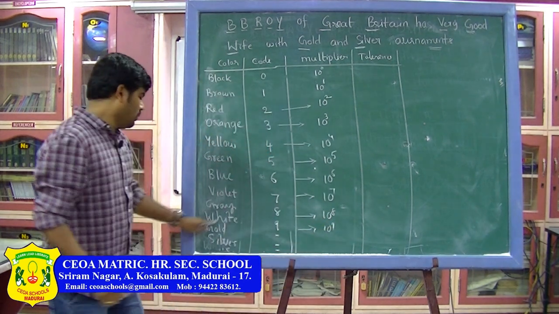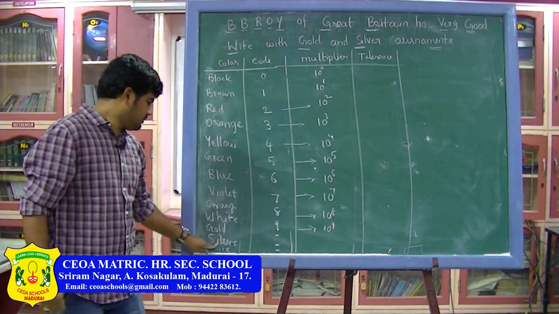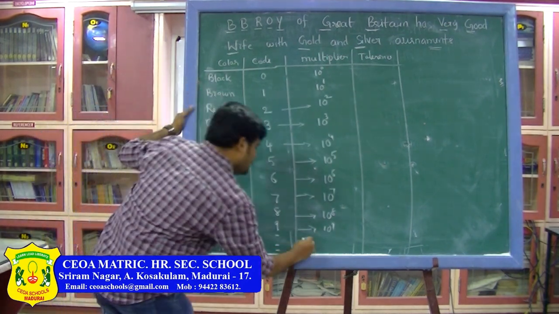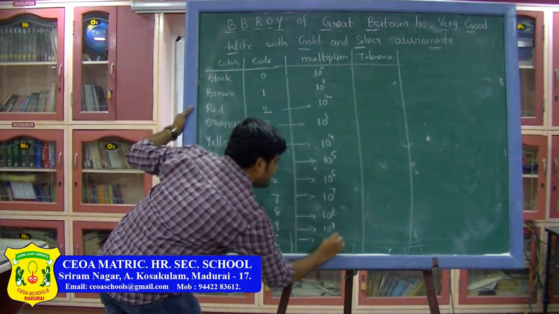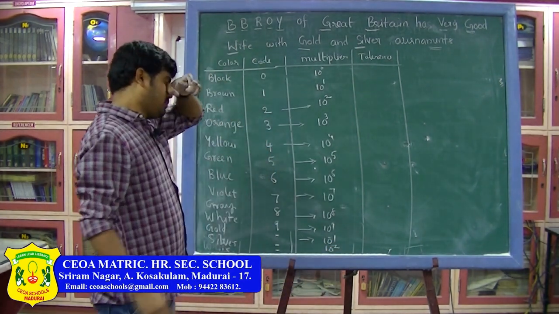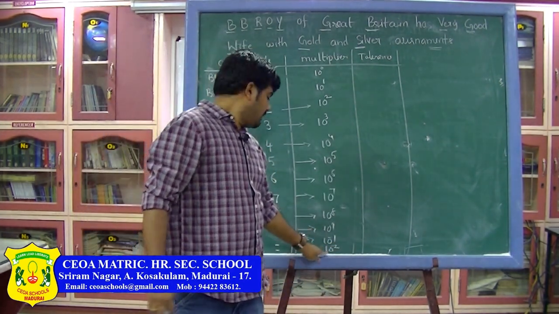Whereas gold and silver are also sometimes given as color bands, so the gold multiplier will be 10 power minus 1, and the silver multiplier will be 10 power minus 2. So remember these two also, 10 power minus 1 and 10 power minus 2.